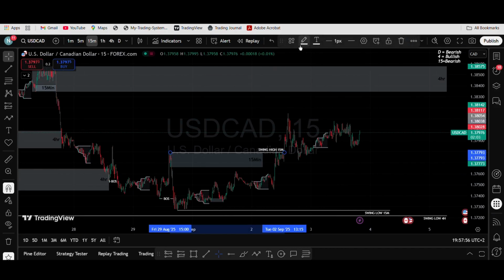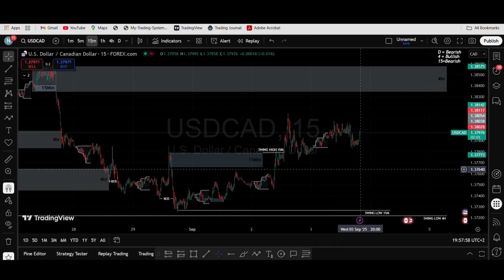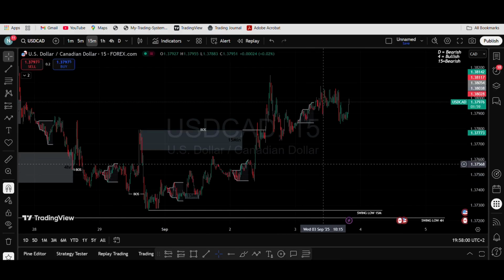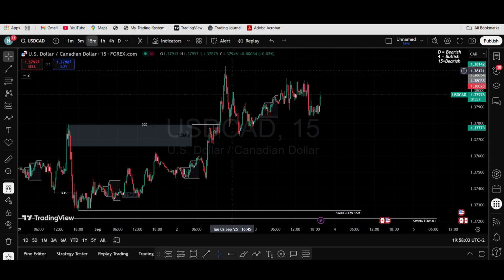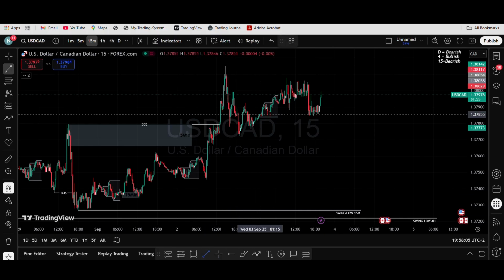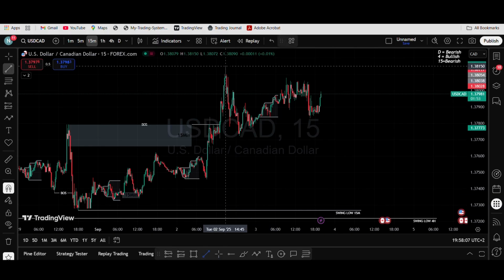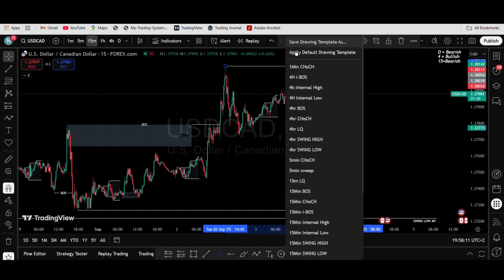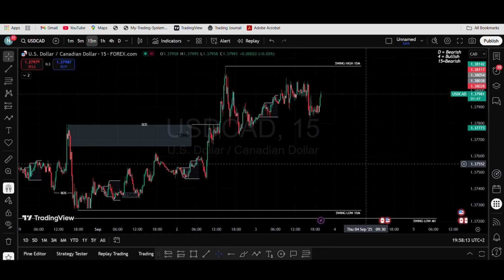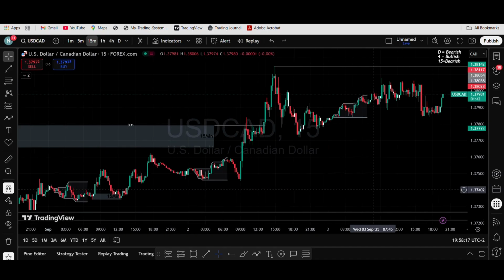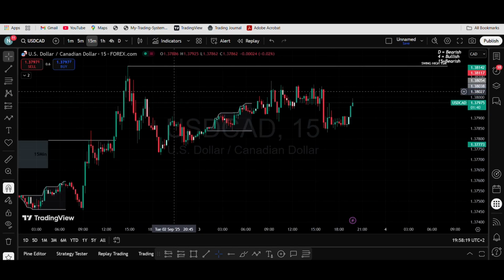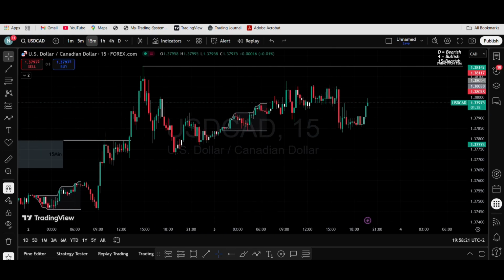Yesterday we did have the 15-minute break of structure there. I think this pullback is enough to define as a swing high over here. Really, it is a little bit discretionary, but it sort of is enough. And then from yesterday, you would have had this as an internal break, right?